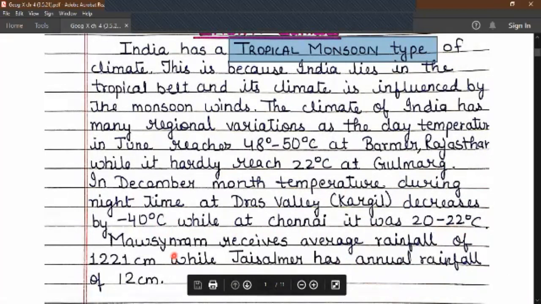On the other hand, Mawsynram receives average rainfall of 121 centimeter, highest rainfall in the world, while Jaisalmer, Rajasthan, has annual rainfall of just 12 centimeter.